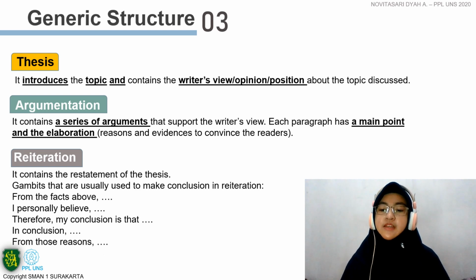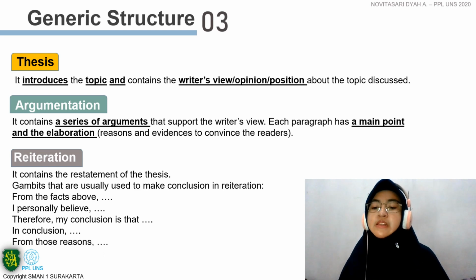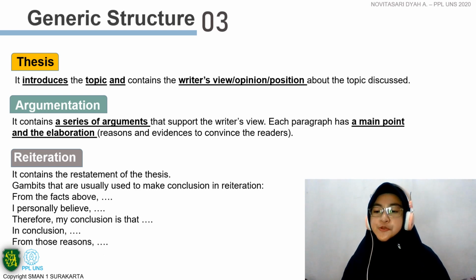The reiteration contains the restatement of the thesis. So after you state your opinion in the beginning of the text, in the thesis paragraph, you also restate your point of view in the reiteration, in the conclusion here.